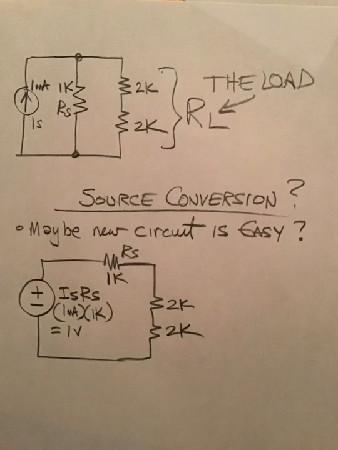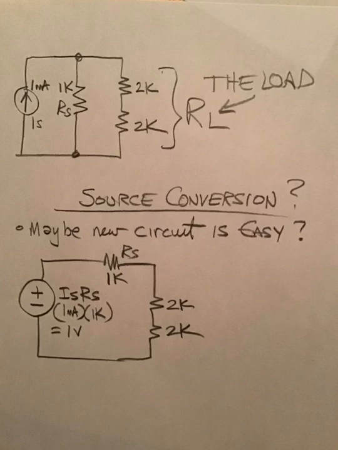Well, circuit 1's kind of nasty. It's a sort of series parallel. It's actually two parallel branches, but the branch on the right has more than one component, which kind of makes it a series parallel circuit. Okay, now look at the magic that happens with a source conversion.